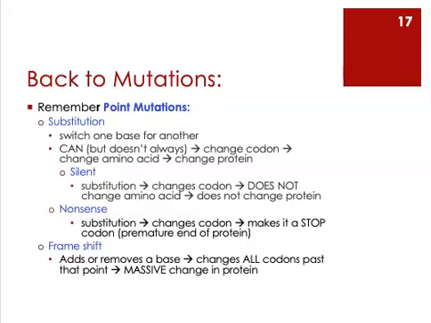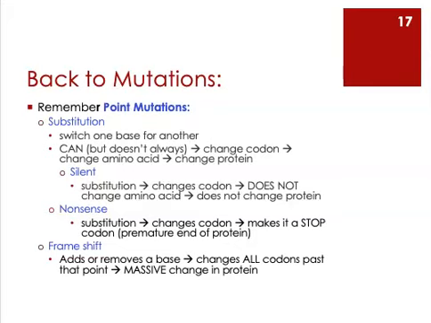Sometimes the change in a single base creates a stop codon where there didn't used to be one. That's a nonsense mutation. Remember, if the ribosome encounters a stop codon, it's going to stop. It's going to stop building the protein right at that location. Maybe the protein should have had 1,000 amino acids in it.